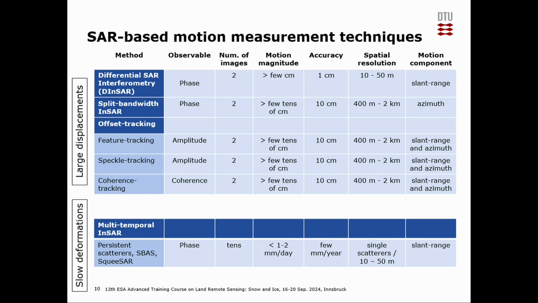So the wider the coverage, the coarser the resolution; the smaller the coverage, the higher the resolution. And also the accuracies are different. They are an order of magnitude better for the phase-based methods compared to the amplitude-based methods.